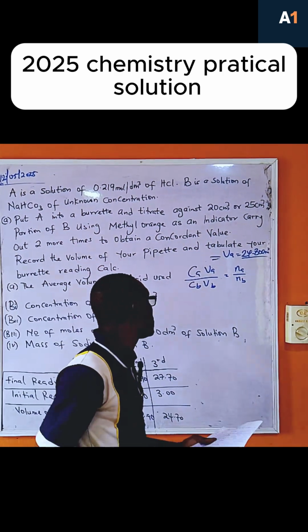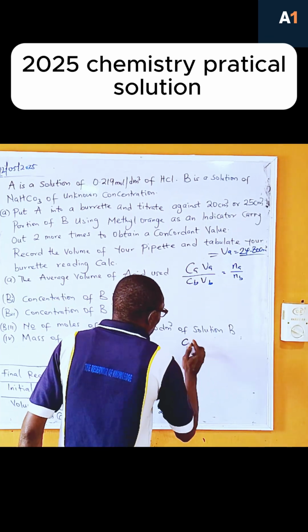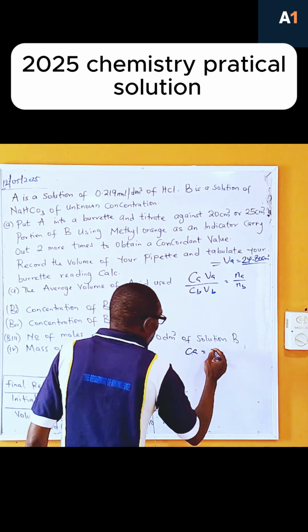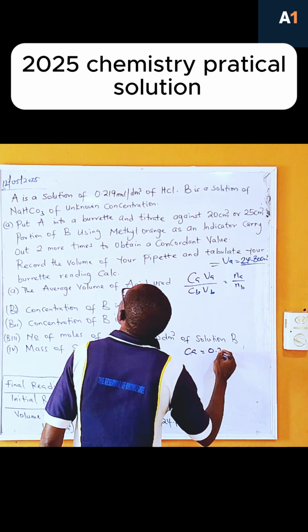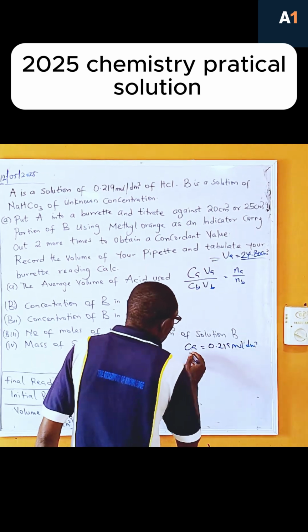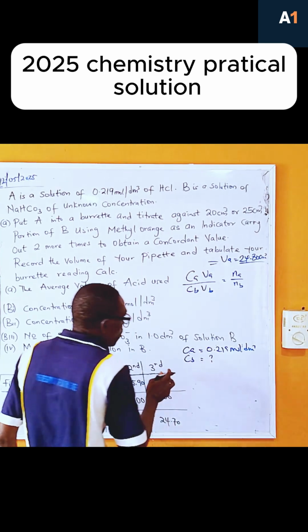All the parameters given there. Let me write it. Ca, which is the concentration of acid, as you can see here, is 0.219 mole per decimeter cube. Then Cb is unknown. That is what we are looking for.